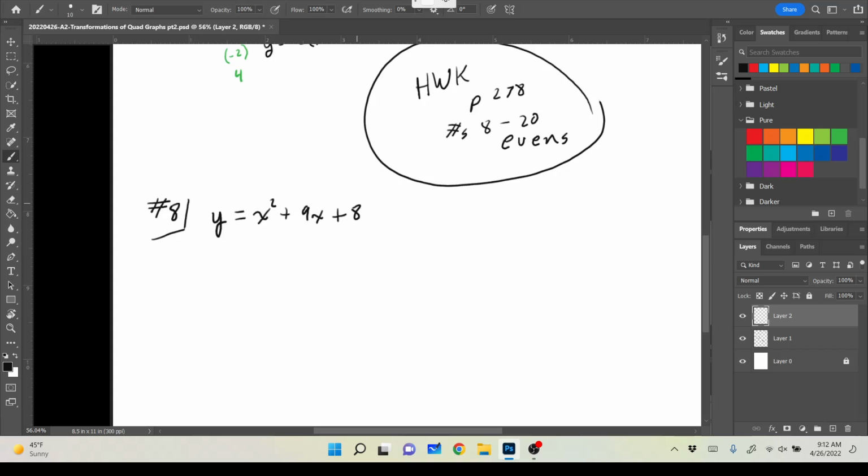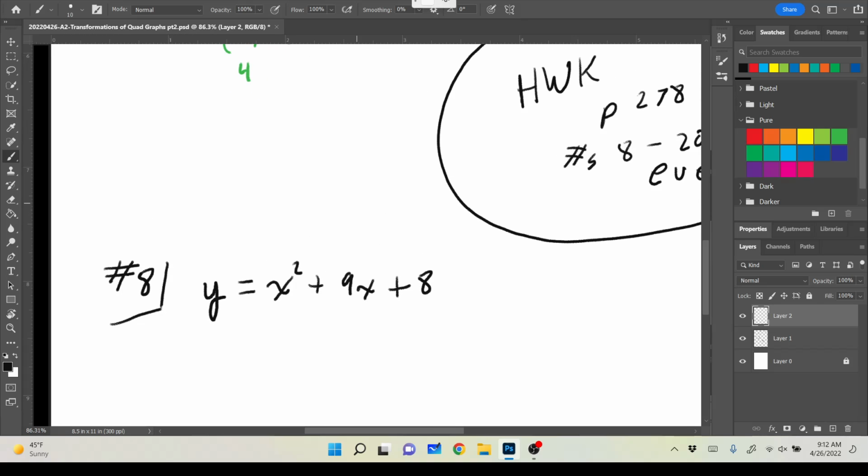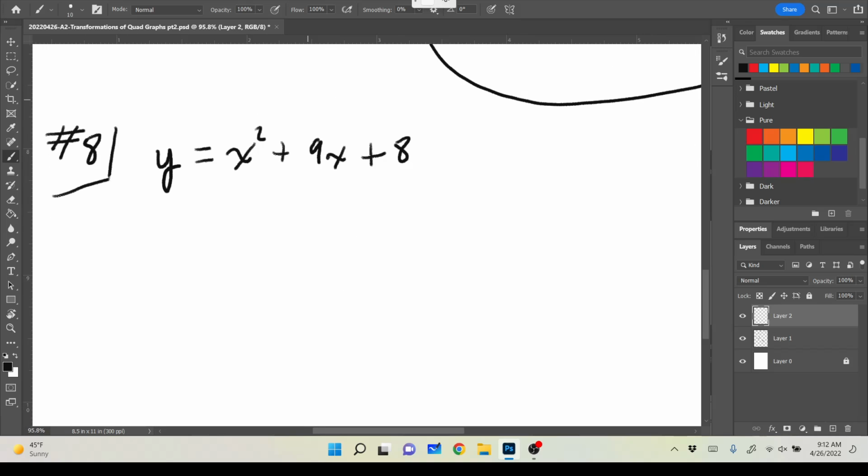So, as a matter of review or new, vertex form is y equals a times x minus h squared plus k. So we're trying to get this into that form. The first thing we need is for a to be 1, which it is in this problem, right? Because a has got to be 1 in order to continue on. So we're good to go there.